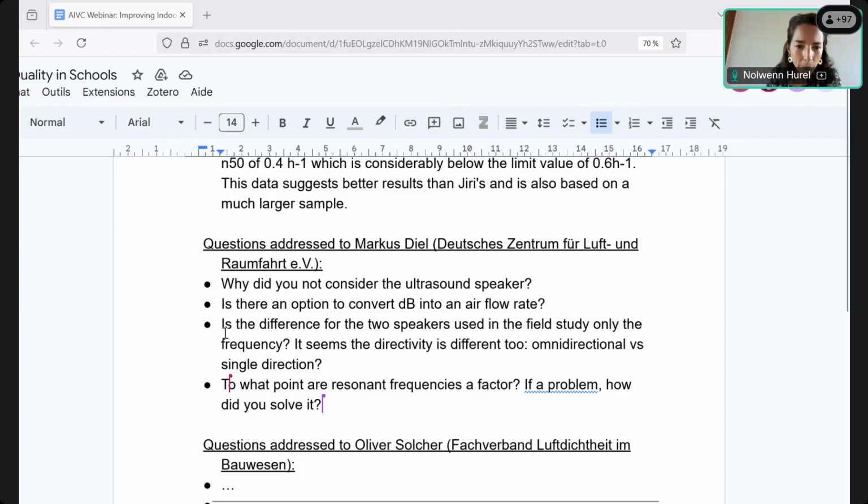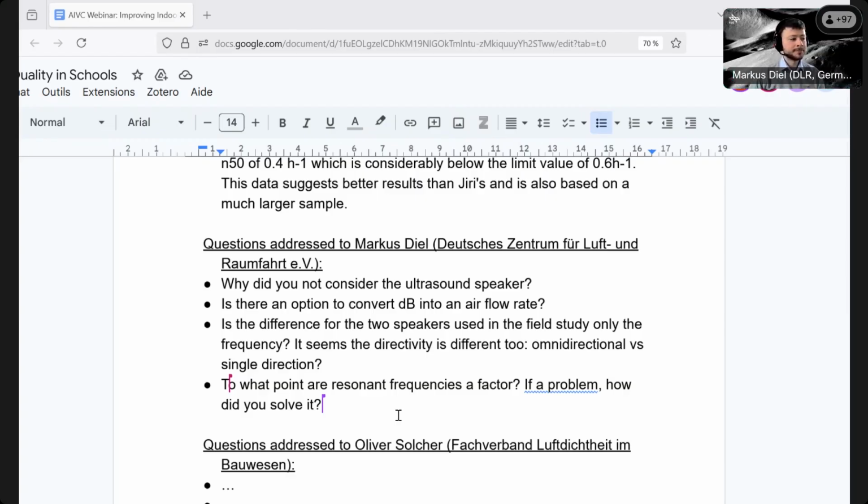Okay, thank you. Is the difference for the two speakers used in the field study only the frequency? It seems the directivity is different too, omnidirectional versus single direction. Yes. In this case, that was also something you can consider, but we are also using a sound source that is omnidirectional and can go into higher frequencies.